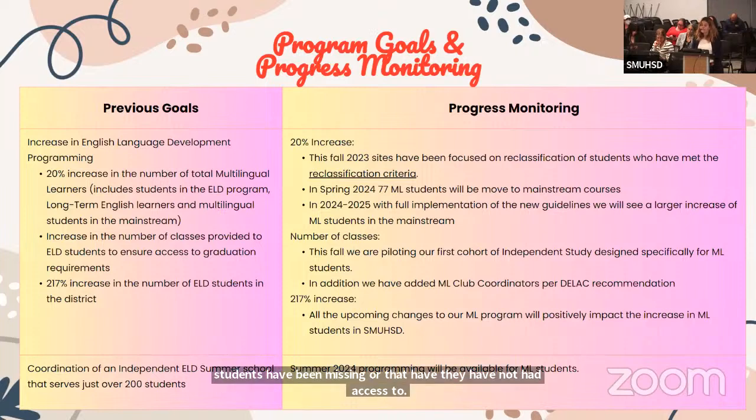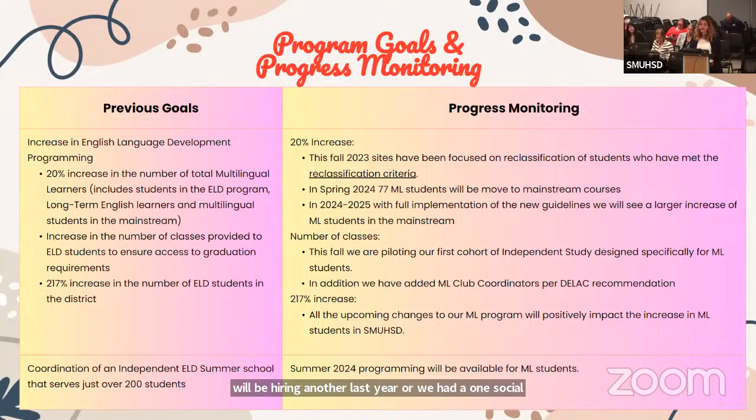I would say in addition, this semester, we've added a ML club coordinator to each of the 4 sites to build community for our ML learners, and also based on the DLAC recommendation from last year. In addition to that, last year we had one social worker that focuses on our multilingual learner students and families.